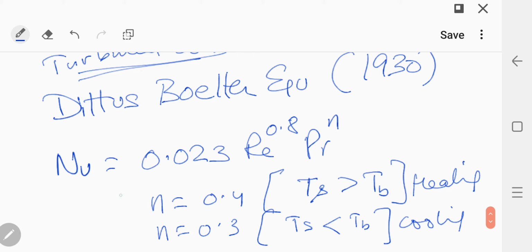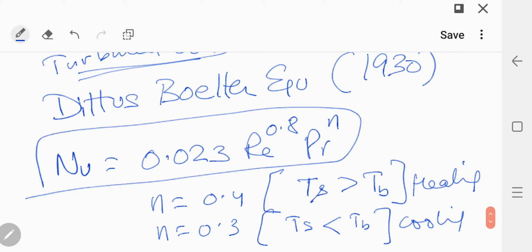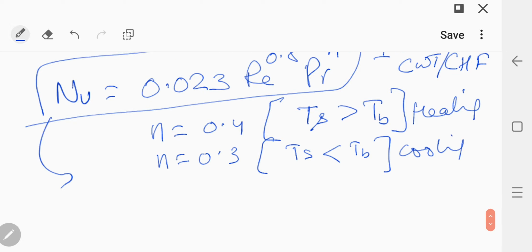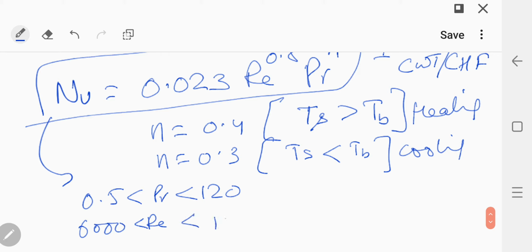Now again this equation gives results within plus minus 20% for both constant wall temperature and constant heat flux conditions. So depending on the boundary condition, you can use this expression, but subject to the condition that this equation is valid for Prandtl number in the range of 0.5 to 120, Reynolds number in the range of 6000 to 10 raised to power 7, and L by D should be greater than 60.